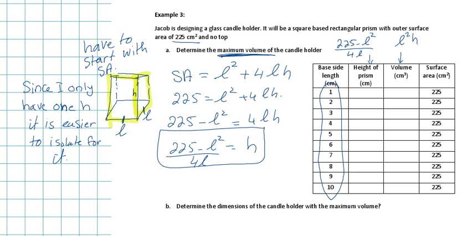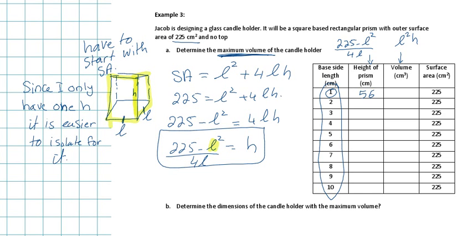So if L is 1, 225 minus 1 divided by 4, what do I get? 224 divided by 4. All I did is plug in the 1 for L right here and right here.